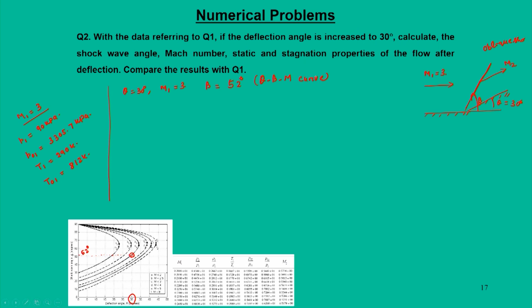The previous beta was 37 degree. So, beta has now increased from 37 to 52 degree. That means this is a stronger shock, which is what we mean by comparing the results.